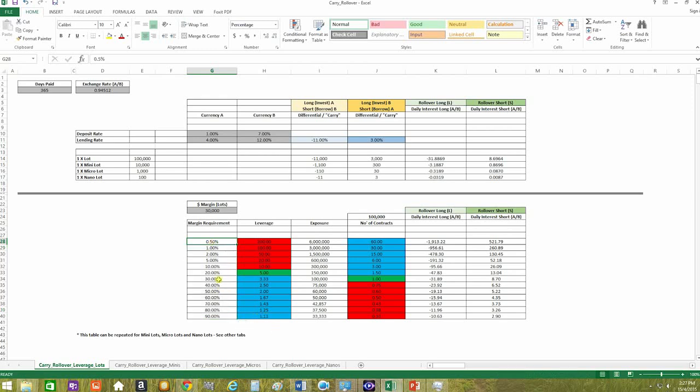And if you recall earlier, when we were looking at margin, leverage, and exposure, we did make the statement that really gross exposure is anything that you decide that you want. So even if the leverage is available from the broker, you may decide that you want to be somewhere here.